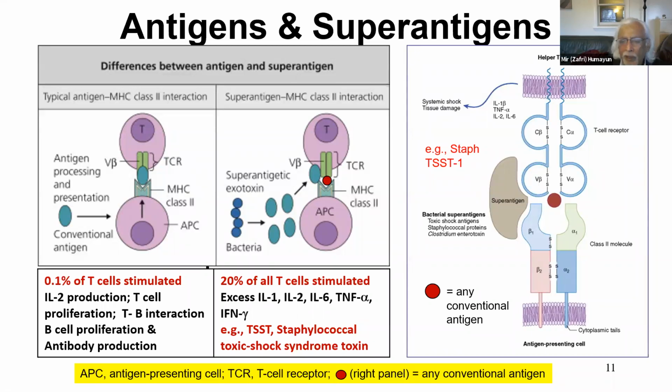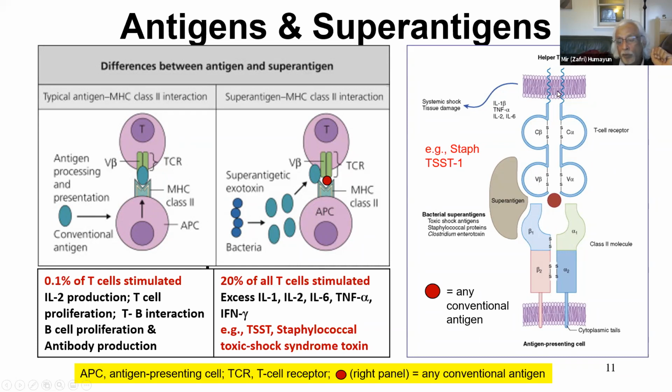The end result is, instead of a small subset of specific T cells reacting with an antigen, that recognition between T cell and APC is promoted by superantigen, such that a very large fraction of the T cells are stimulated, and as a result, there's a massive immune response, leading to something like toxic shock syndrome. Right? That's the way the superantigen functions.